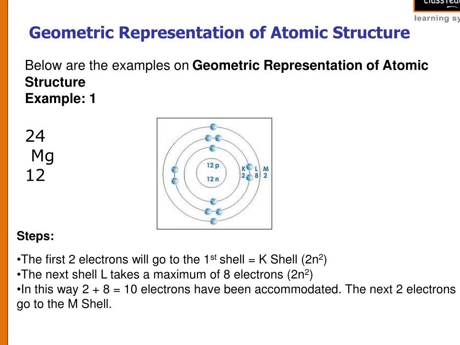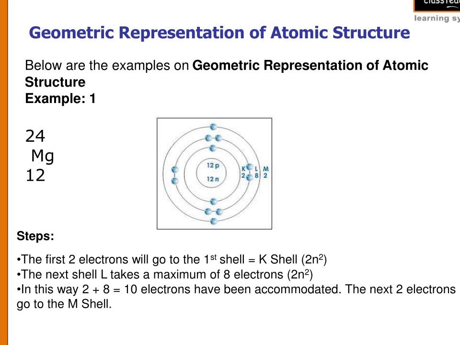It is the magnesium element, which has atomic number 12 and mass number 24. First, 2 electrons are in the K shell. Next, the L shell has 8 electrons. 2 plus 8, 10 electrons have been accommodated. The next 2 electrons go to the next shell, so totally 12.